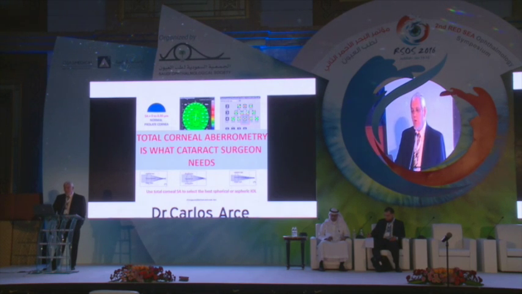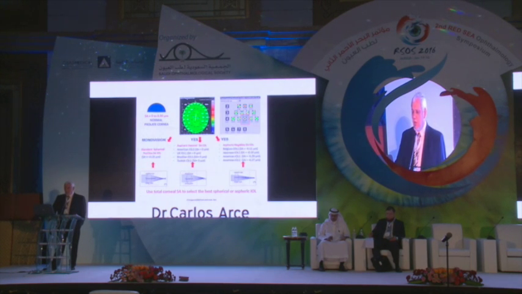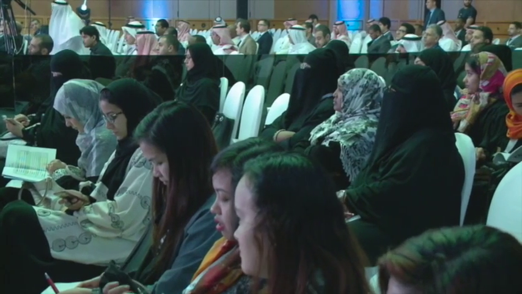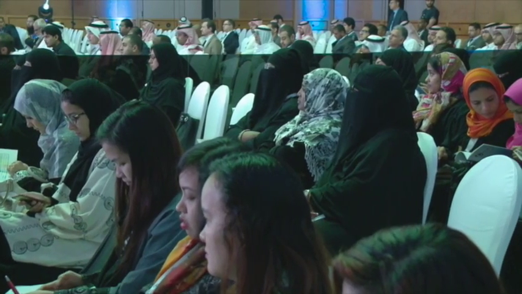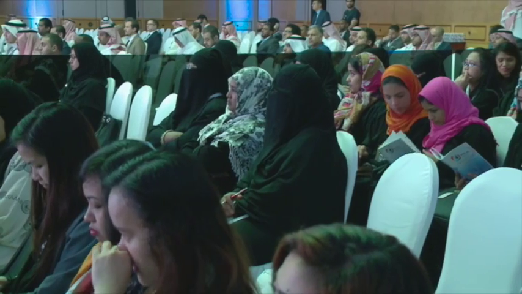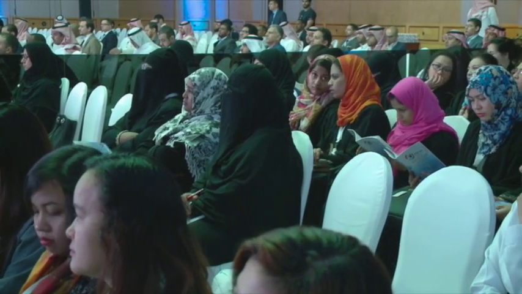The total corneal aberrometry. So if we have this kind of cornea, normal cornea, with a spherical aberration between 0 and 0.03, we can implant any kind of IOL. The standard spherical, the aspheric neutral, or the aspheric negative.